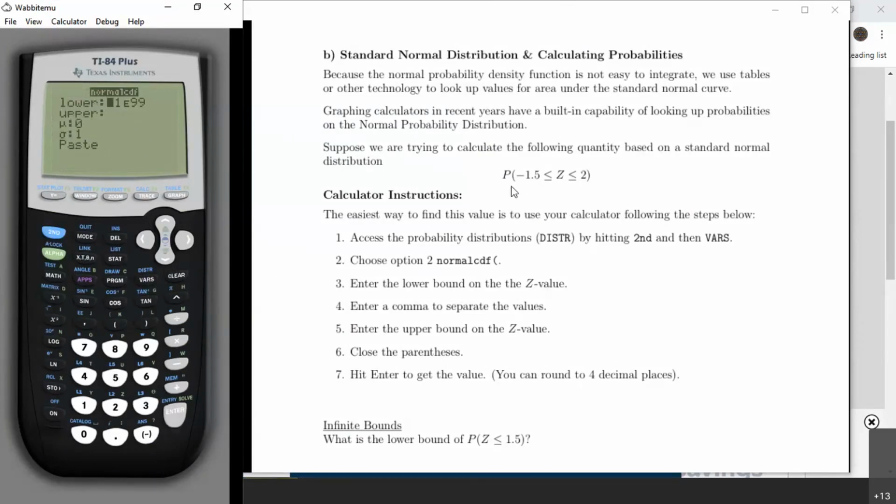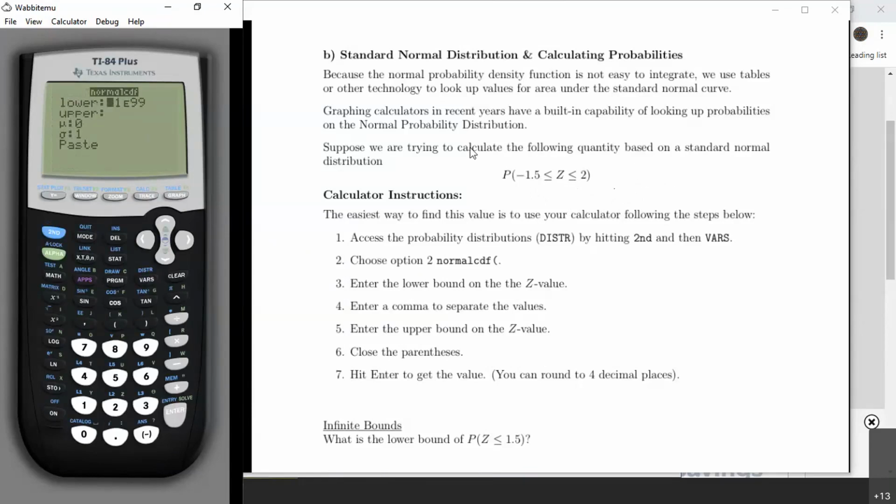Let's take a look at this example right here. Suppose we want to figure out the probability of getting a score that's between the z-scores -1.5 and +2. That's like asking what percentage of this distribution is between 1.5 standard deviations below the mean and 2 standard deviations above the mean, because remember, z-scores reflect standard normal probabilities.